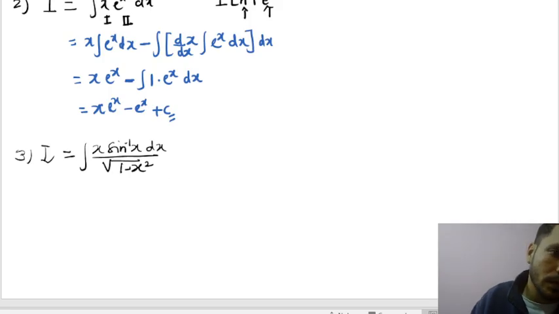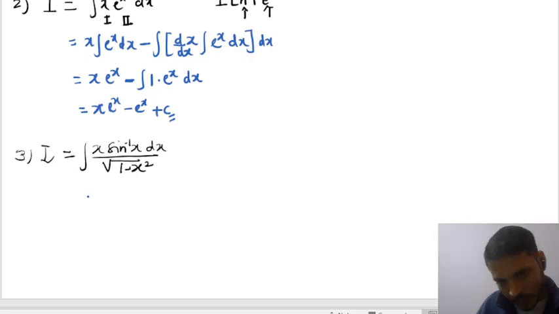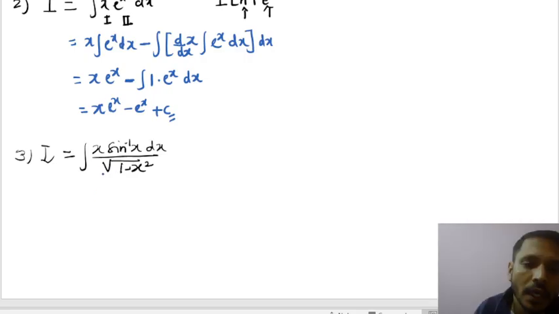How can we solve this question? You can see very clearly, if you know the formula, that the derivative of sine inverse x is present in the denominator. So apply substitution and reduce the terms.